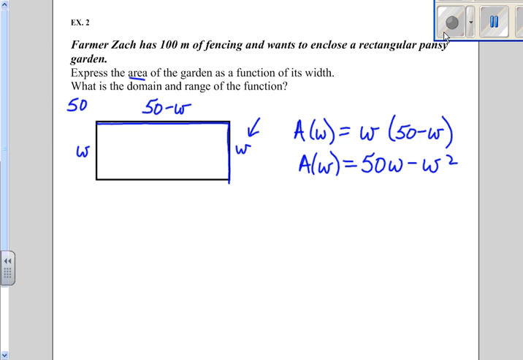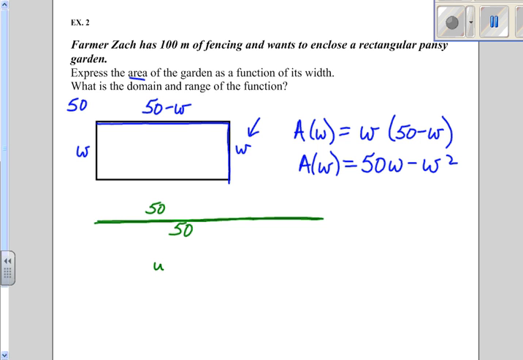The domain and range can seem kind of silly when we put restrictions on width and area. But first of all, I'm going to look at one silly scenario, where I have 0 width. So I take my fence, I run it 50 meters, and I turn it right around without any space between and run it 50 meters back. I can't put any cows in that area, but I have used up all my fence.